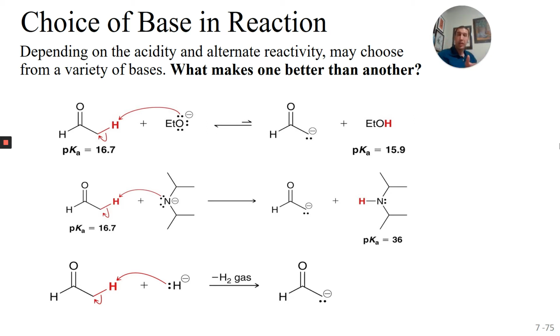The way that I would like to think about that is that a base needs to donate those electrons. If we compare oxygen to nitrogen, oxygen, being more electronegative, is holding its electrons. The base needs to donate them. Since nitrogen is less electronegative, it is more willing to share that pair of electrons than the oxygen, and that makes the nitrogen more basic, sorry.